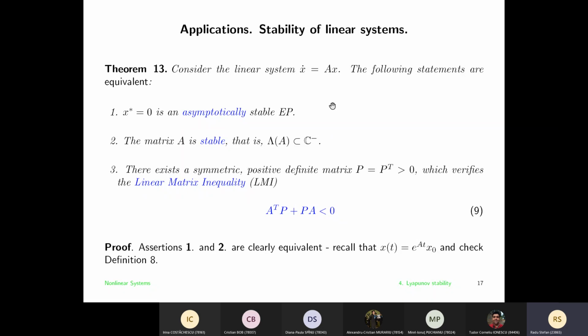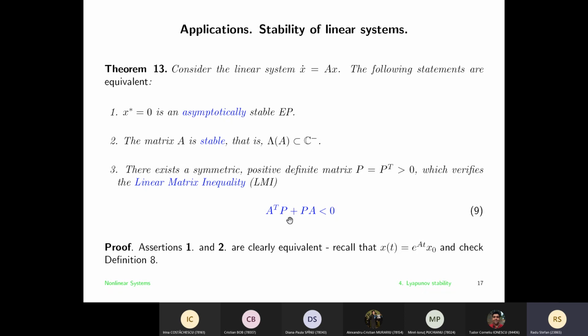But then comes the nice result here. Both stability of A and asymptotic stability of the origin are equivalent with the existence of a positive symmetric matrix P, which verifies this inequality. Inequality 9 is called a linear matrix inequality.